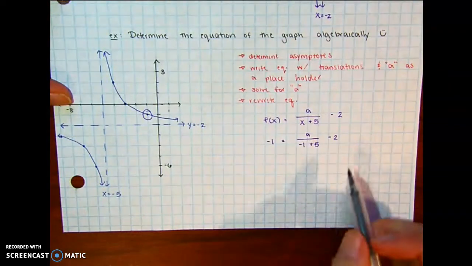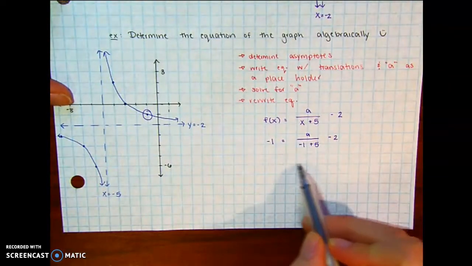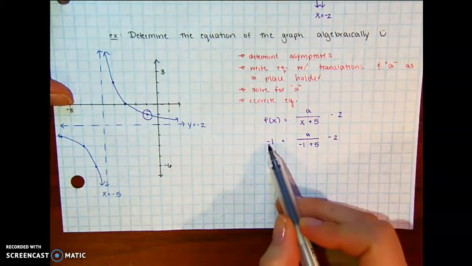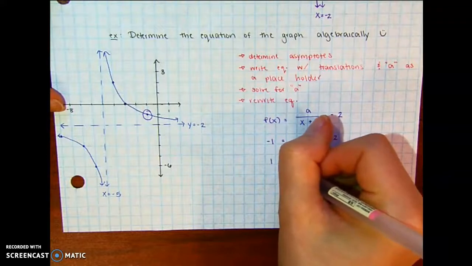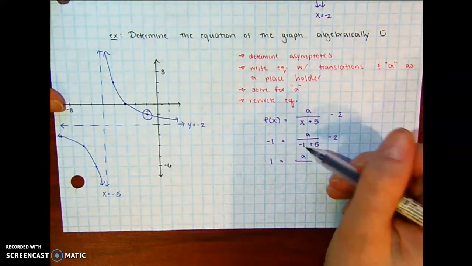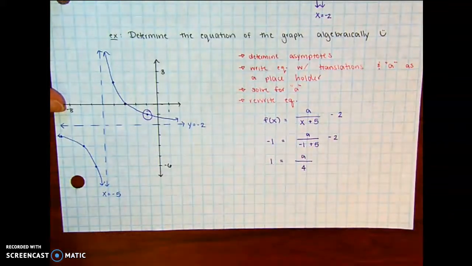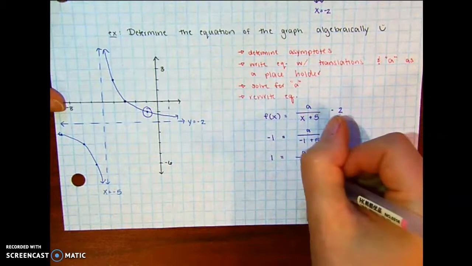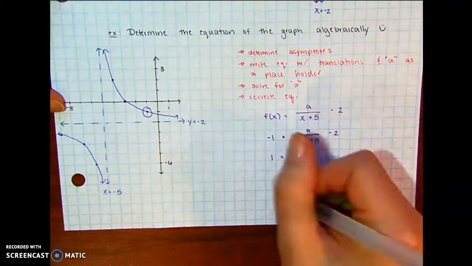Okay. So because this is on the outside, it's not a part of the fraction, I'm going to move this over. So 1 plus 2. And I'm going to simplify my denominator. So negative 1 plus 5. And then to get rid of my 4 in the denominator, I'm going to multiply both sides by 4.